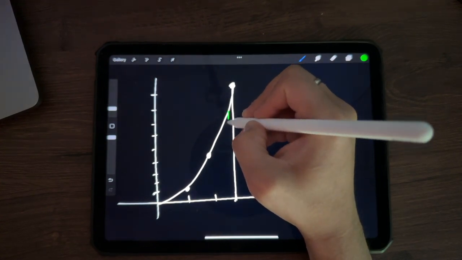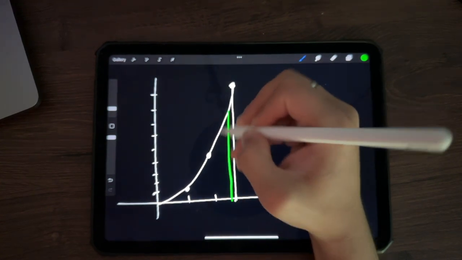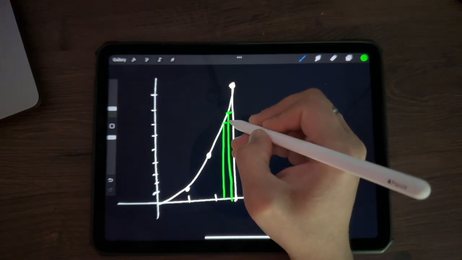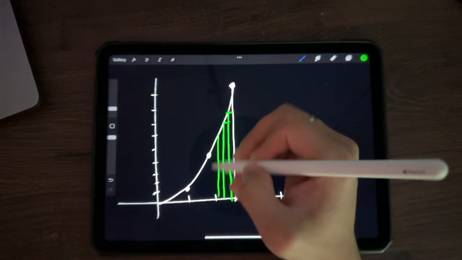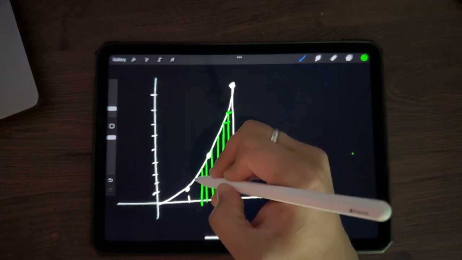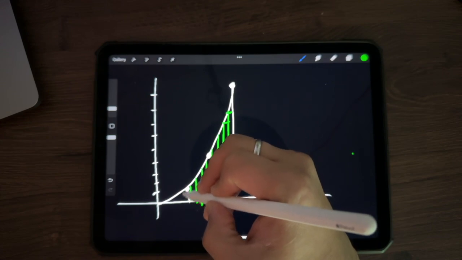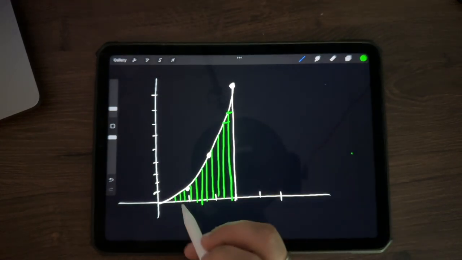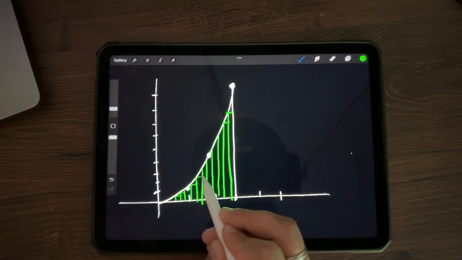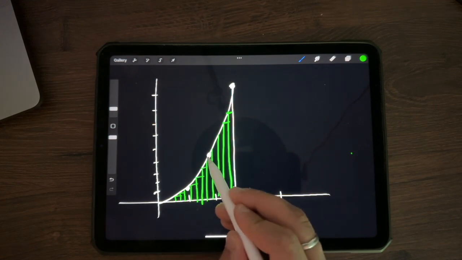So we're going to say that this is our first rectangle right here. Boom. We're going to make this the next rectangle right here like that. Boom. And then this is the next one, and this is the next one, and this is the next one. And look, we're getting close, right? So if we were to connect all these to all their components here, just give me a second.